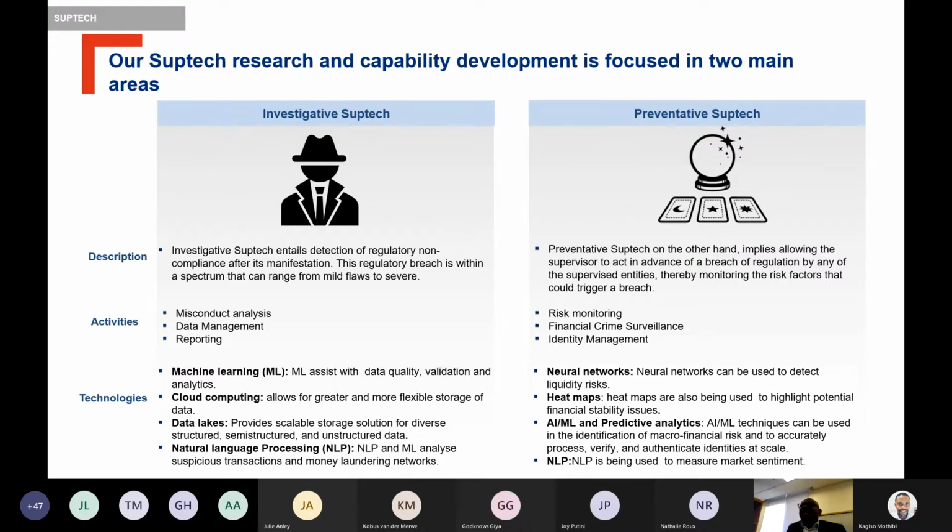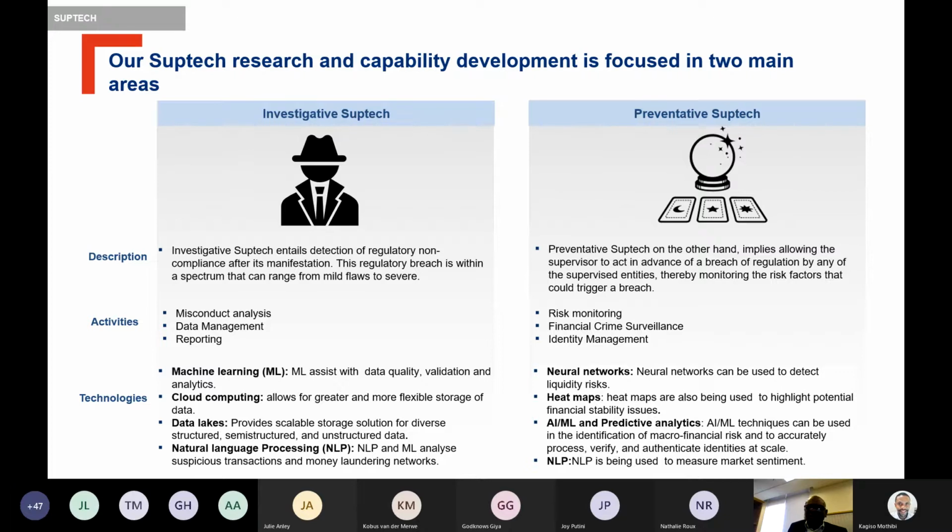Under preventative Suptech, however, we're focusing on allowing the supervisors or regulators to act in advance before any regulatory non-compliance or breach can happen.